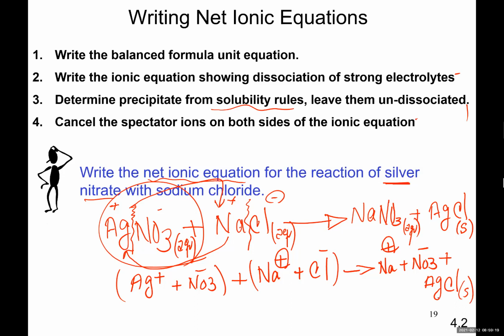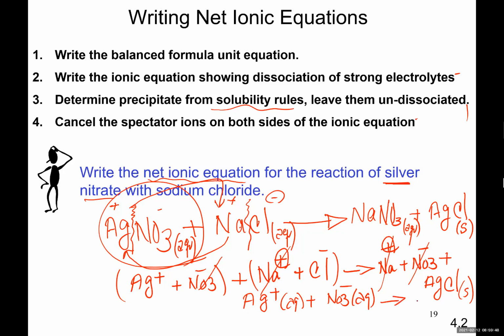So now, what's the next step? Can I cancel Na plus and Na plus? What else can I cancel? Can I cancel NO3 minus and NO3 minus? So what is left is going to be the net ionic equation. On the left-hand side, I have Ag plus, which is, of course, soluble in water, and NO3 minus, which is aqueous.